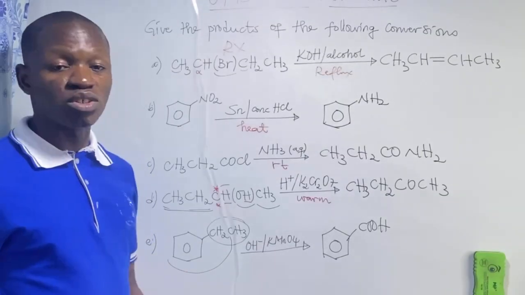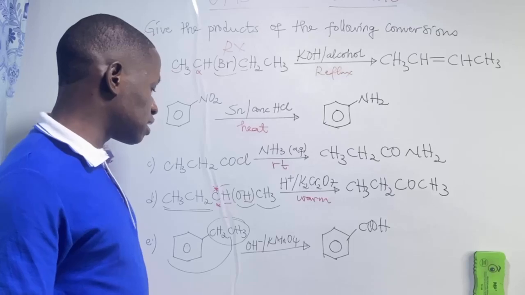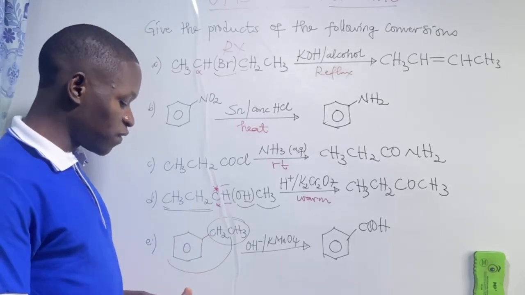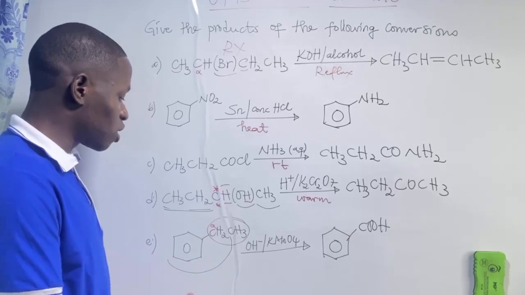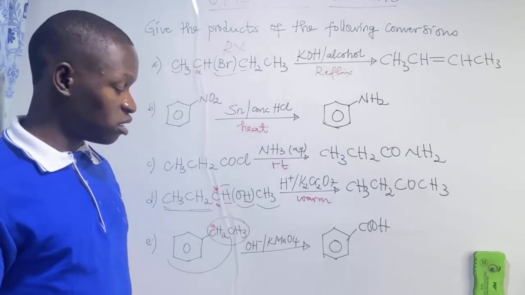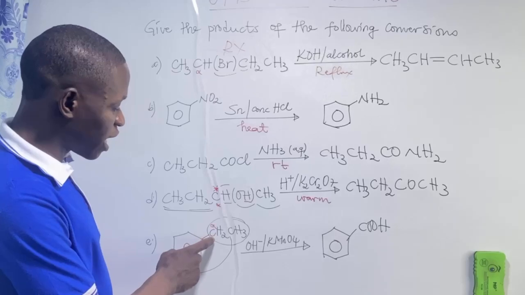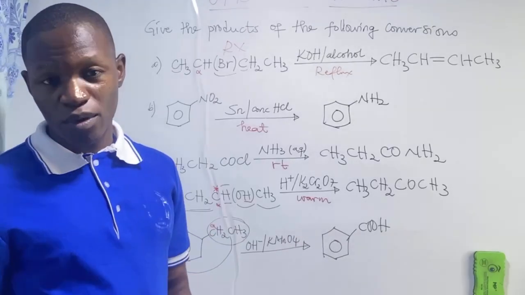The process is called oxidation. And the condition for that is that the alpha carbon, the carbon atom that bears the alkyl group to the benzene ring, must possess at least one hydrogen. So as long as there's at least one hydrogen on this carbon, this group will be oxidized to a carboxylate.